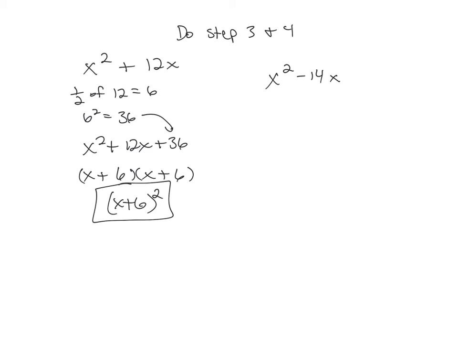So if I had a problem like that, okay, half of 14 is 7. 7 squared is 49. So my new problem will be x squared minus 14x plus 49. Okay, and so notice this one, this is where the negative does come into play.